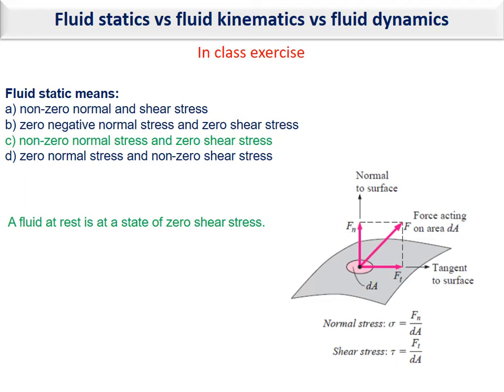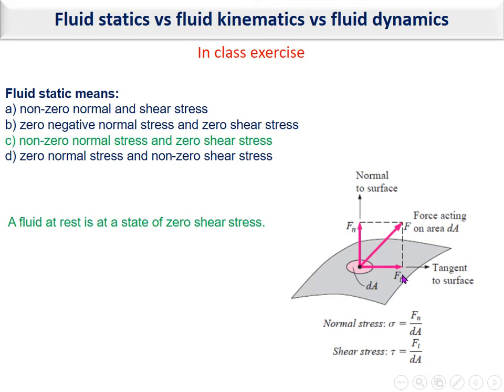You can see here a picture on the right which shows an element of fluid surface, or the forces acting on an area of the fluid, and as you can see, the force F can be divided into its components: the component tangent to the surface, Ft, and the component normal to the surface, Fn. This says that for the fluid at rest, you have only the normal force Fn, and the shear force, Ft, is zero.